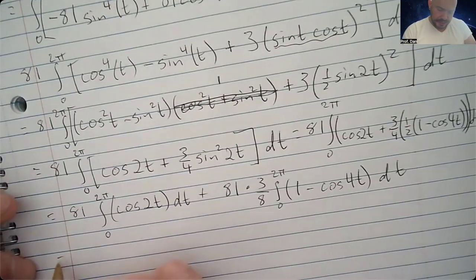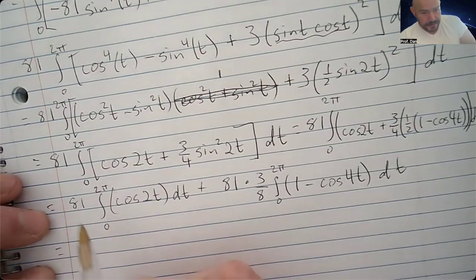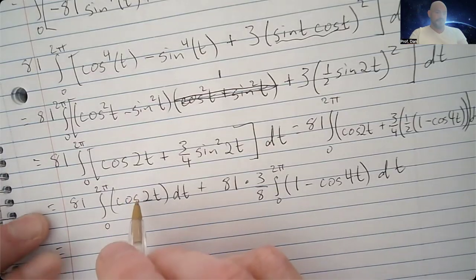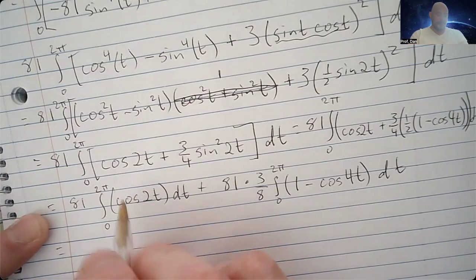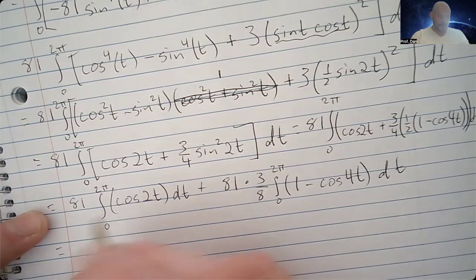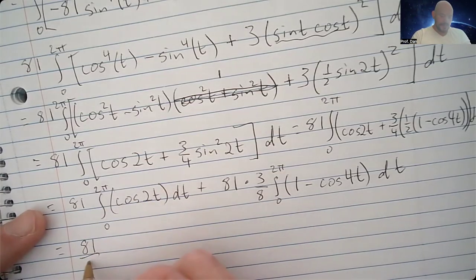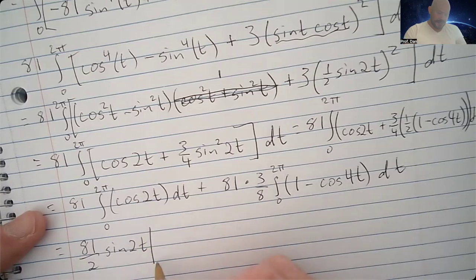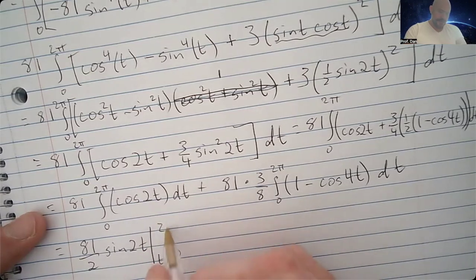And now we're just taking the integral of trig functions. So the antiderivative for cosine is positive sine. Since we have a coefficient, we divide by that coefficient. So we get 81/2 sine of 2t. We're going to evaluate that from t equals 0 to t equals 2 pi.